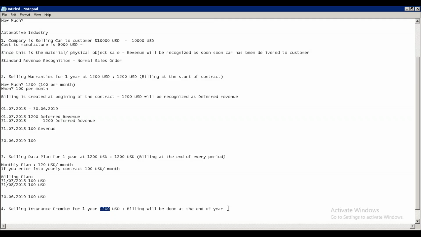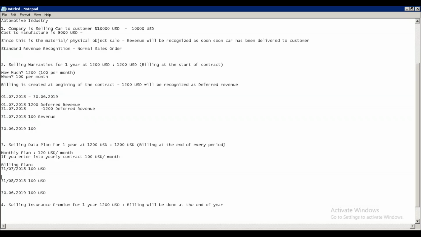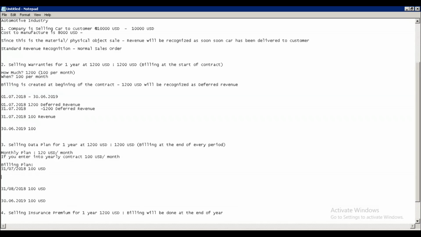So in that case, what will happen? Now, in this case, I cannot go with this billing plan. Definitely there will be the billing plan, but in this billing plan, what was happening? When I create the billing, let's say I'm talking about the third scenario now, what was happening when I was generating the bill every month? Your revenue will definitely go up, which is credit, right?